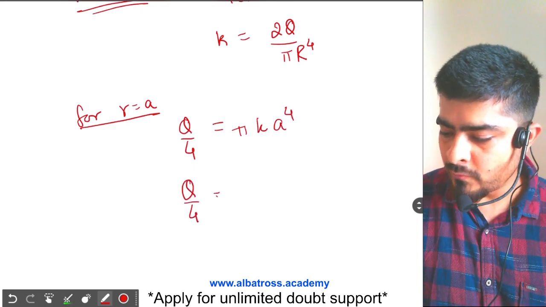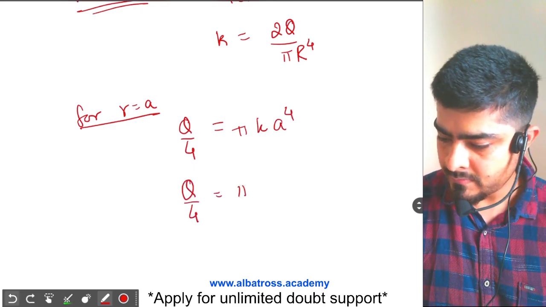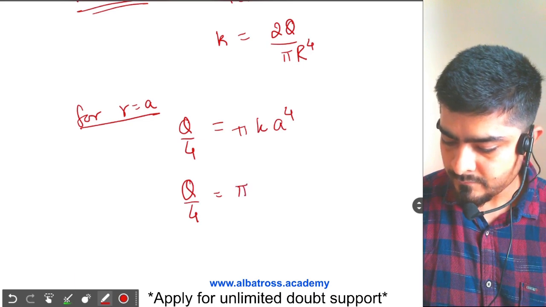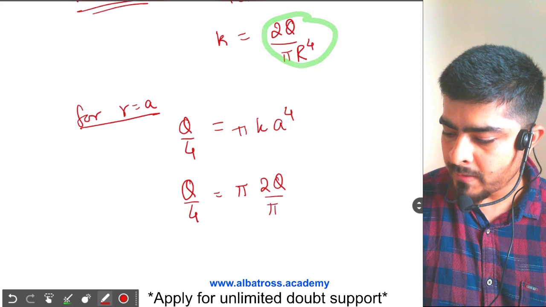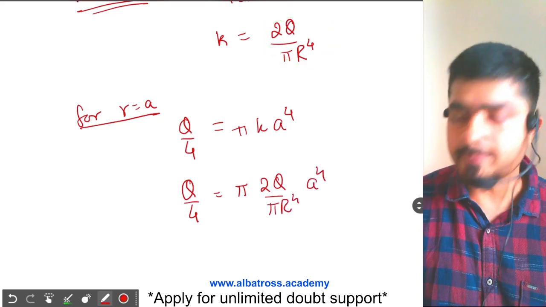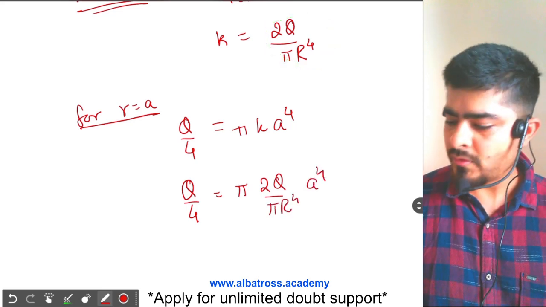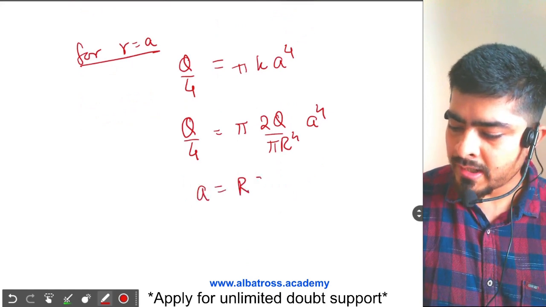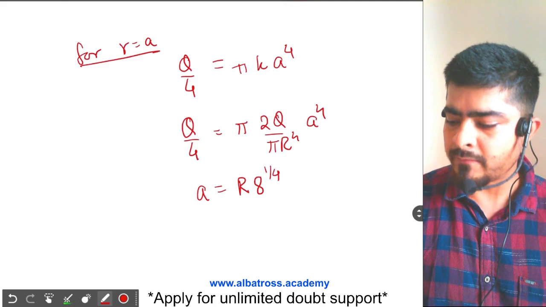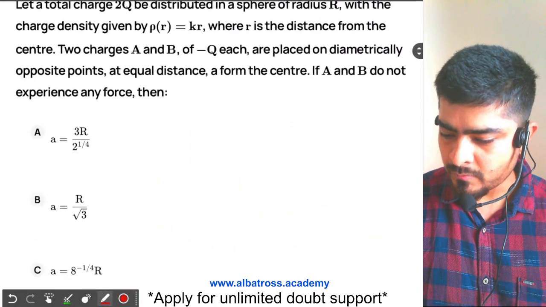So q by 4 is equal to pi times k, which is 2q by pi R power 4, times a power 4. So from here, on solving this, a will be equal to R times 8 to the power 1 by 4. Let's check the options.